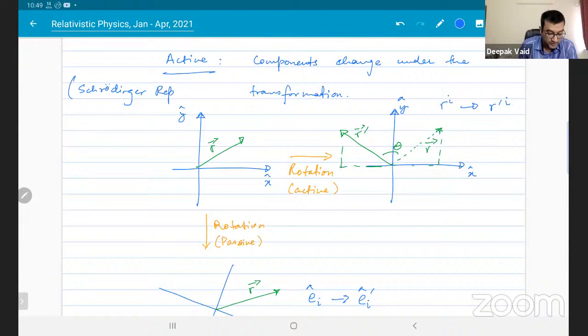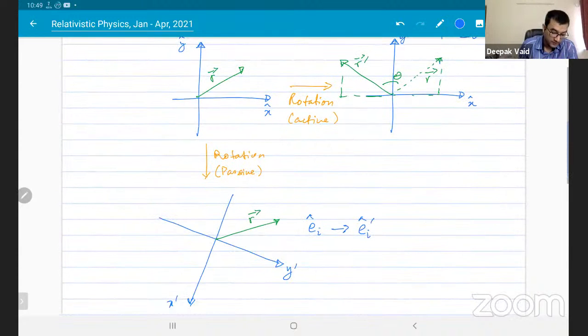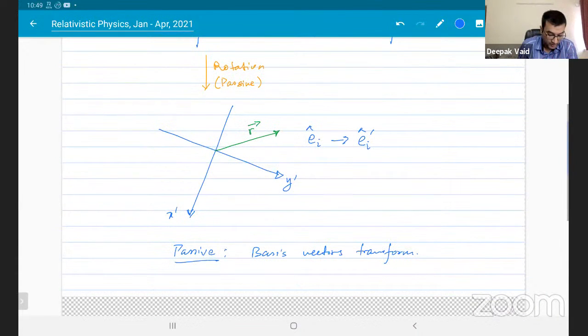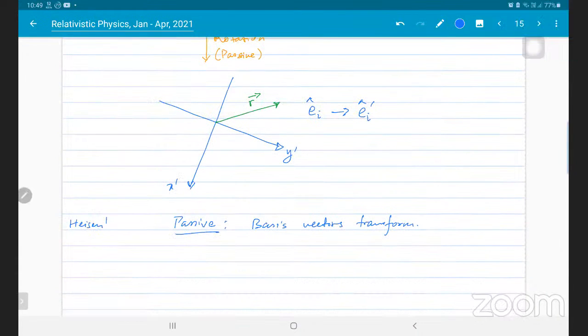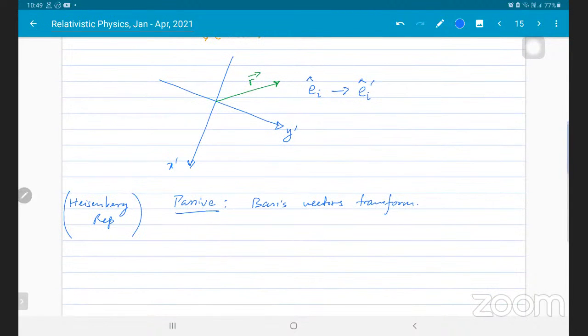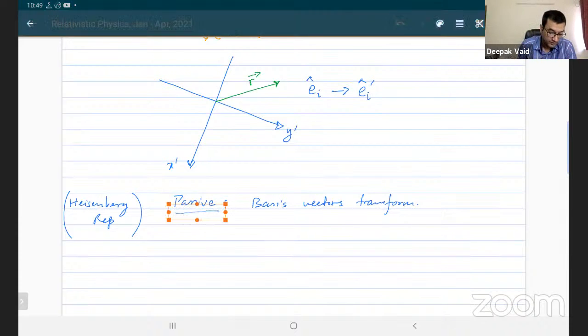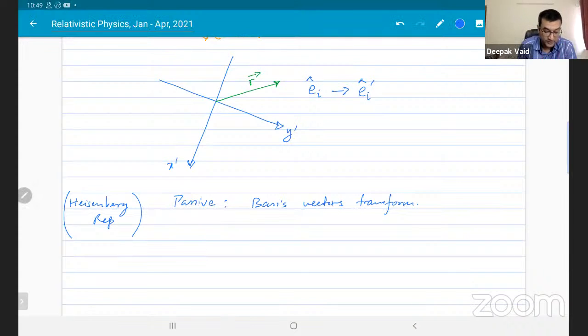In the Schrodinger representation, it is the quantum states which evolve with time. And in the Heisenberg representation, it is the operators which evolve with time. So you can think of the Heisenberg representation as being like the passive transformations and the Schrodinger one as being like the active.